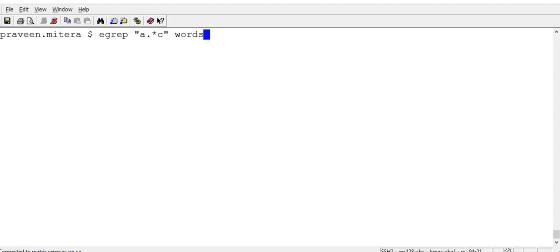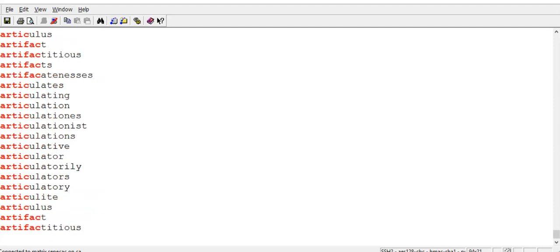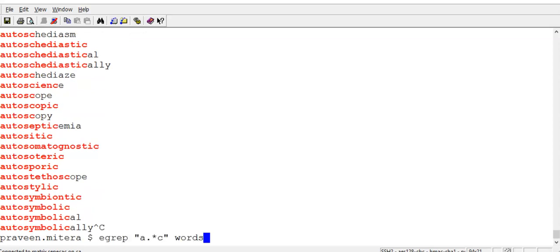And I'm going to look for this in the file words. So we have a long list. What did we look for? We said find an A, so it finds an A. And then the dot star, the way this functions is the star always functions on the previous character or character class, and it makes it optional or allows multiple characters.